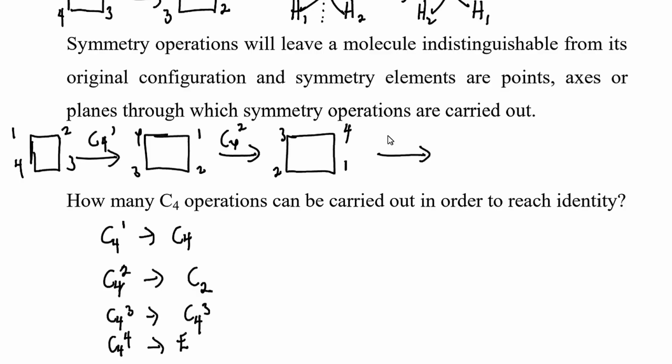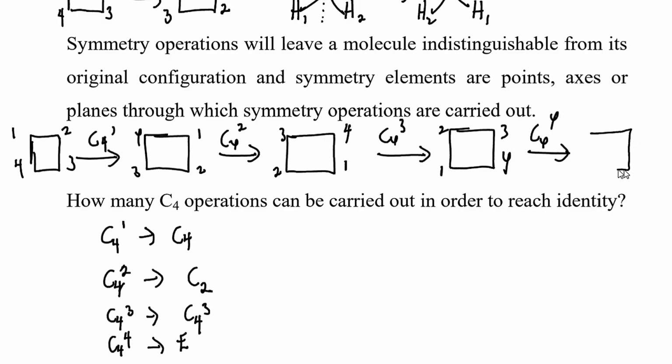And the next one, let's call this C4 cubed rather, we have this to be 1, 2, 3, and 4. And let's see the last one, C4. It gives back the original configuration, 1, 2, 3, 4. So it gives the identity. Basically, we're asking how many times this operation can be carried out in order to bring back identity, while still maintaining the structure at every step, or at every stage. So that's that.